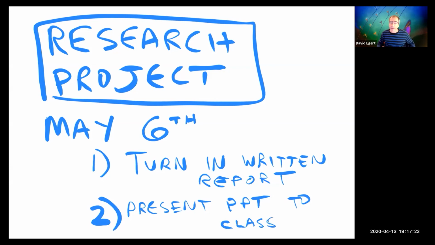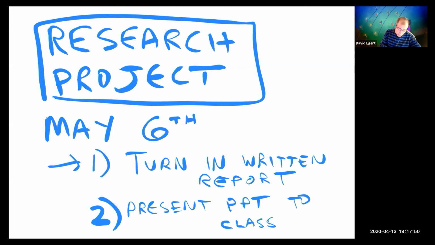So there's two things. On May 6th, you should have the write-up done, which you're going to upload to turn it in. And you will also, during this process we talked about, have a PowerPoint presentation that basically summarizes the important points and supporting references of your whole write-up.